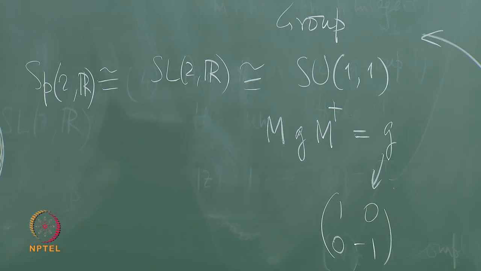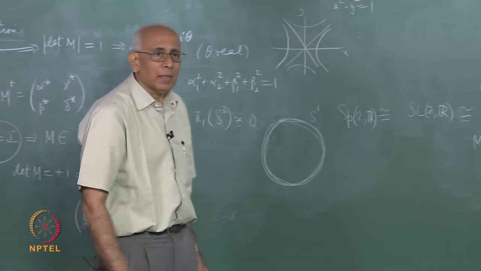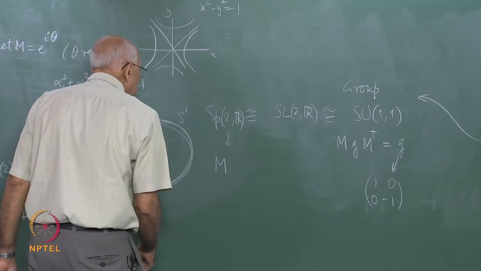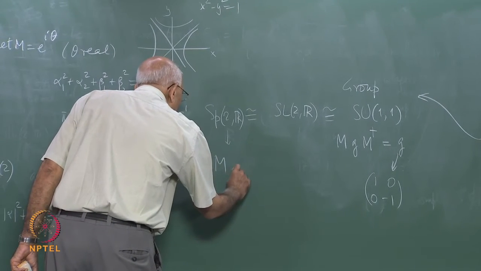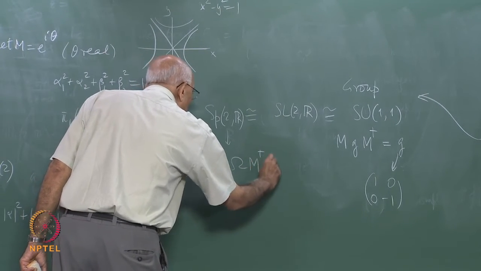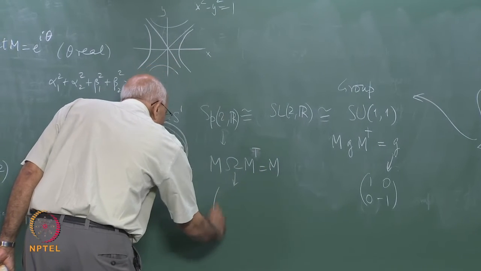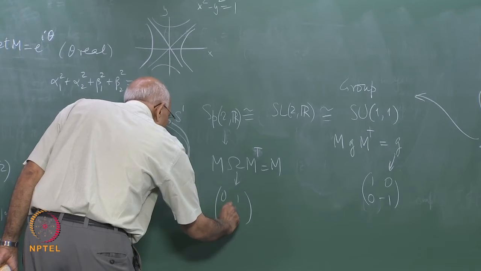So all matrices which satisfy a certain symplectic condition. So this contains all 2 by 2 matrices with real entries such that M omega M transpose equals omega, where this matrix omega is (0 1; -1 0).